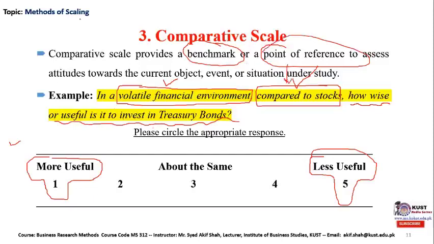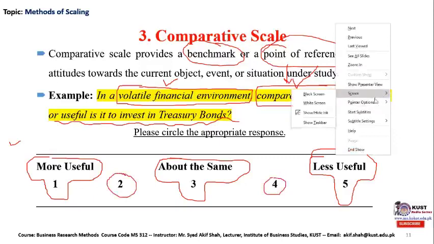So if the researcher collects the data regarding the attitudes of investors towards investment in treasury bonds on the following scale, 1 states more useful to invest in treasury bonds in comparison to stock, and 5 states less useful to invest in treasury bonds in comparison to stock, and 3 states about the same usefulness, either to go for one or the other. The researcher may also select the second option and the fourth option.